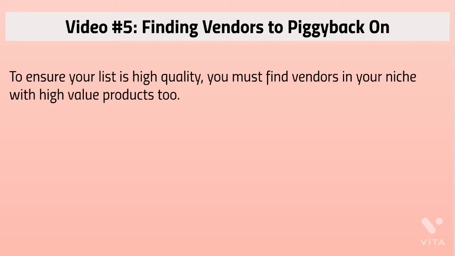But if they're building a subscriber list or customer list filled with people who are demanding, who want to pay less but demand more, then you're going to end up building a list of people like that. A lot of times we don't think about that psychology behind building a list. It's just about building a massive list.